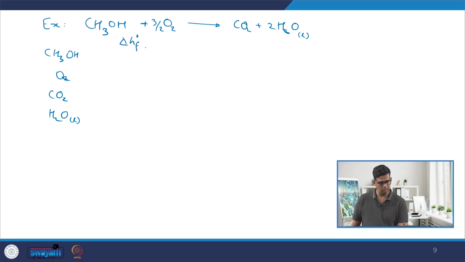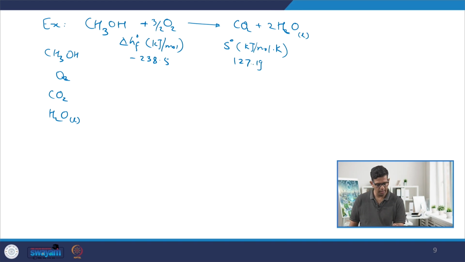Delta Hf naught, this is in kilojoules per mole, and then we have standard entropy in joules per mole per Kelvin. For methanol this is minus 238.5, entropy is 127.19. The formation enthalpy of oxygen will be 0 because it is a pure material, existing in the environment in its original form.